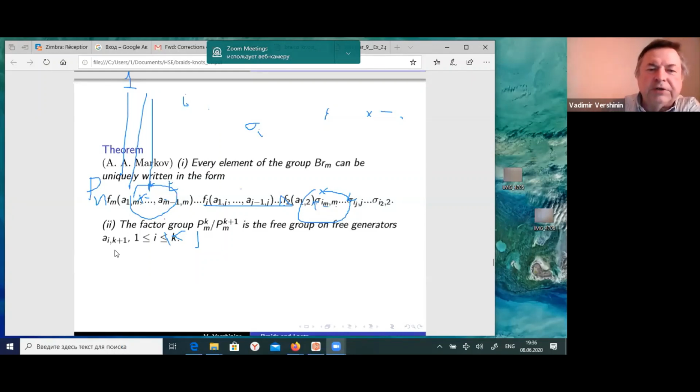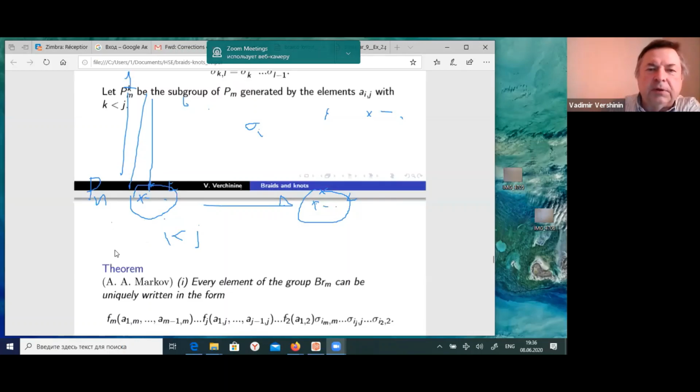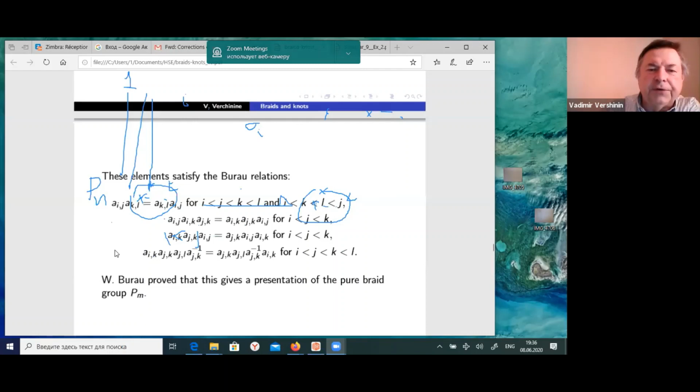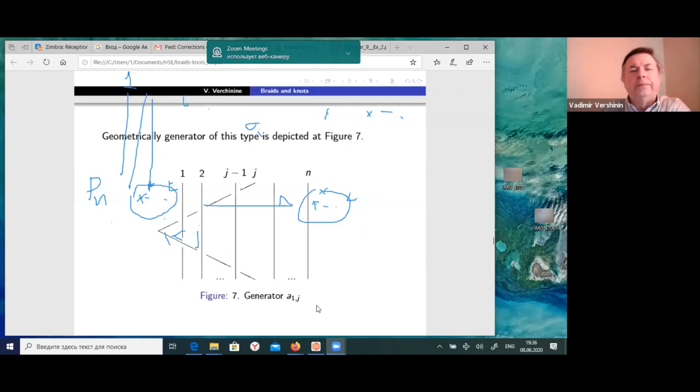So, for example, let us consider the following: you fix n, and you take the subgroup P_n factor P_{n-1}. What does it mean?